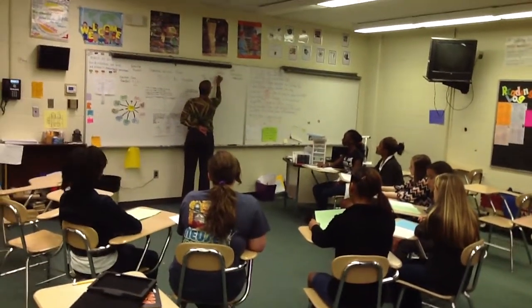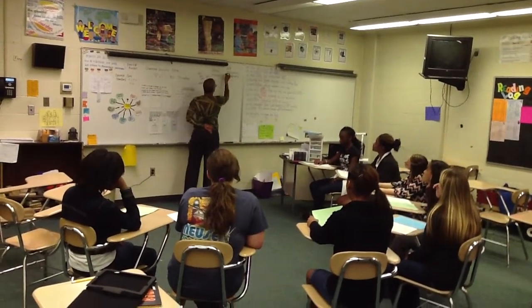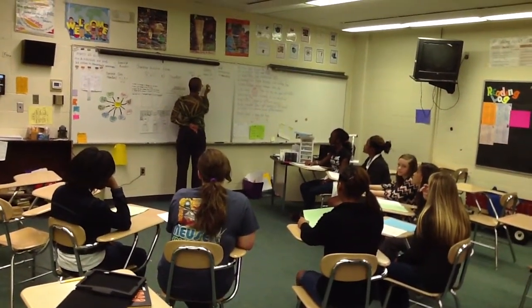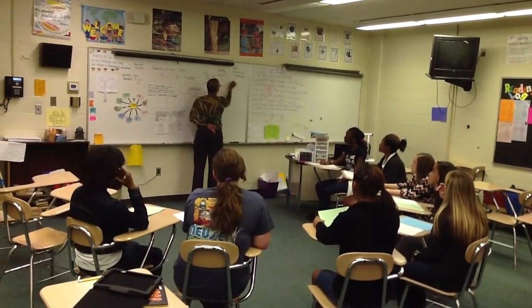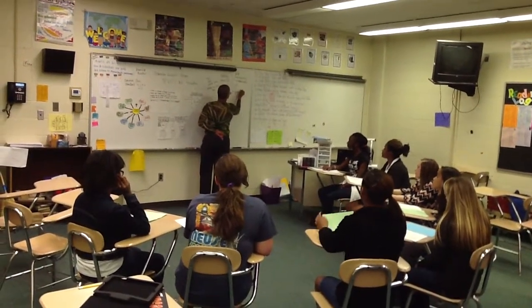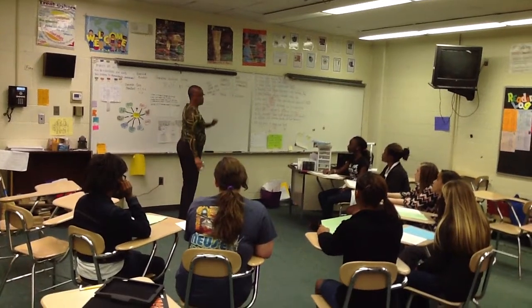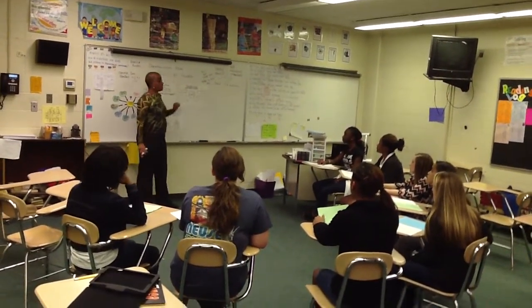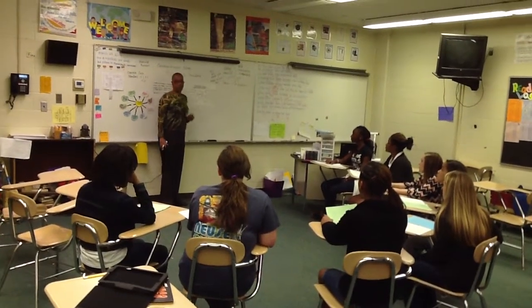This is the thesis paragraph, and what we're going to do is introduce those three qualities about Cassie. By introducing those three qualities of Cassie, that is telling me, the reader, what you want to tell me. Isn't that correct?